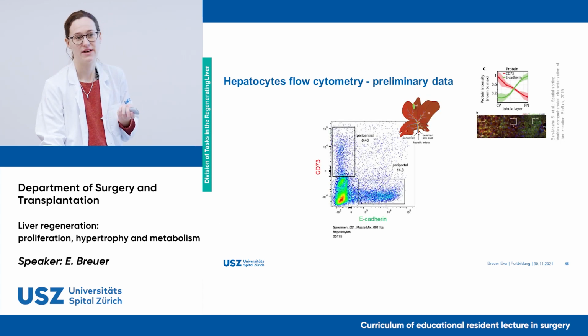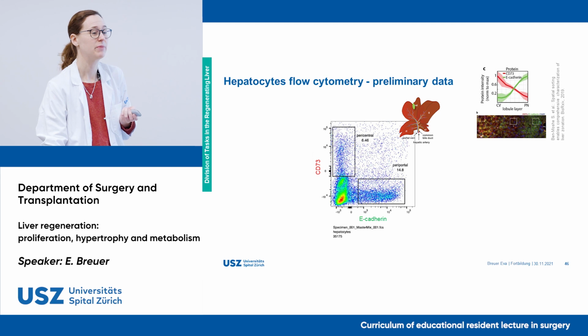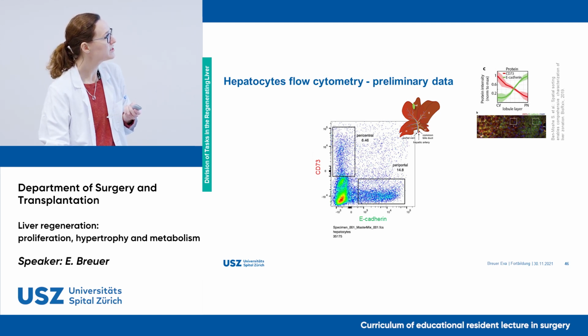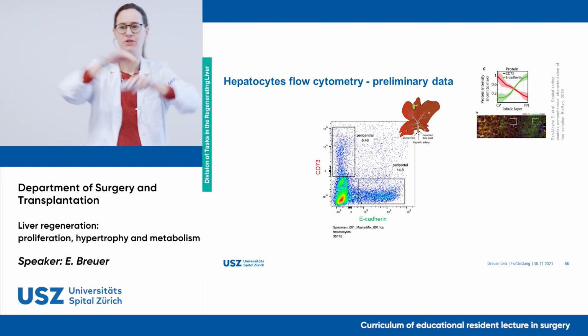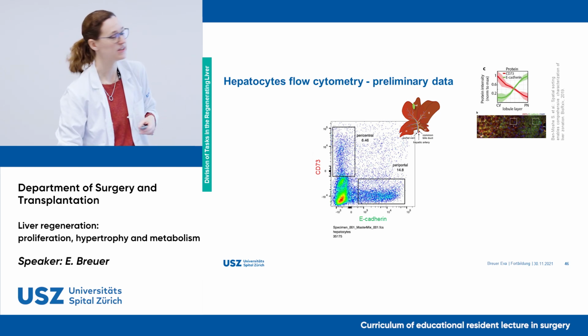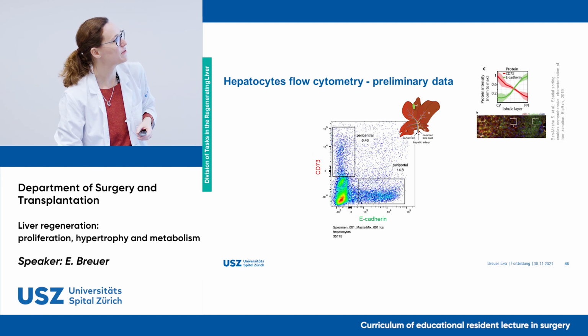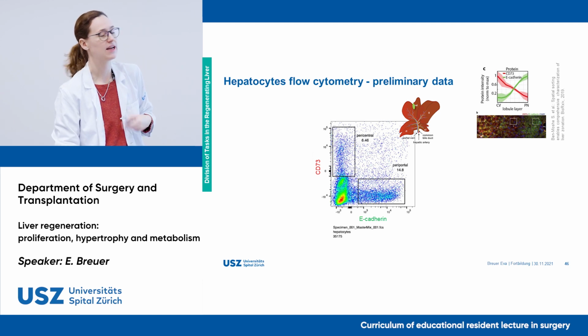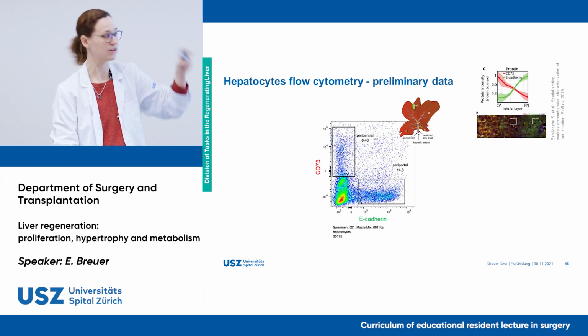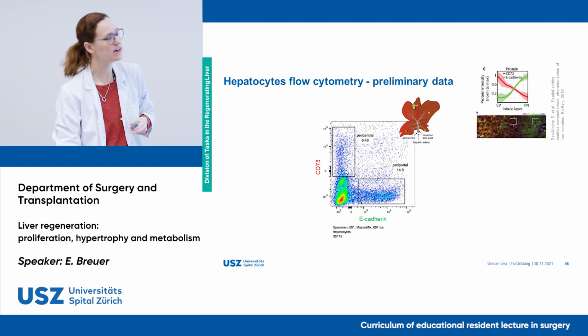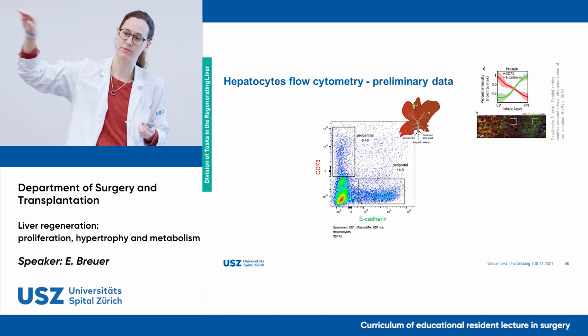Now, and this is the interesting part, we can analyze this by zone. We have two markers which are contrary to each other depending on their location on this portocentral axis. We have CD73, which is expressed around the central vein, and we have E-cadherin, which is expressed on the other side, near the portal vein.